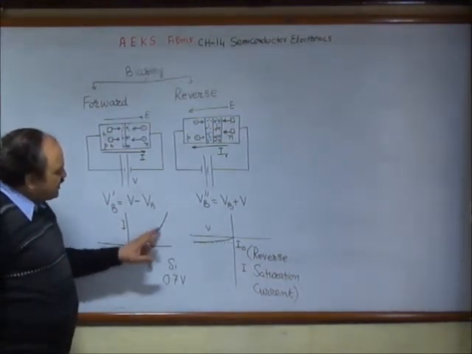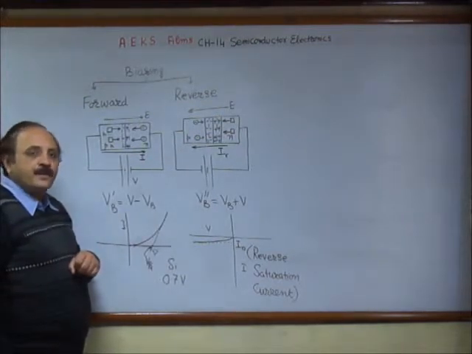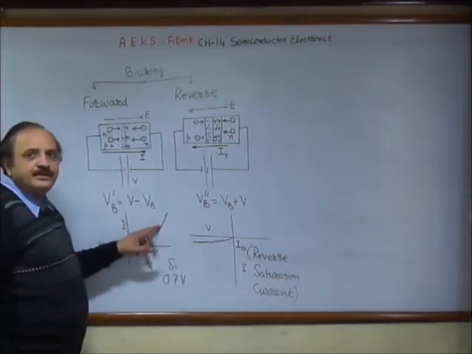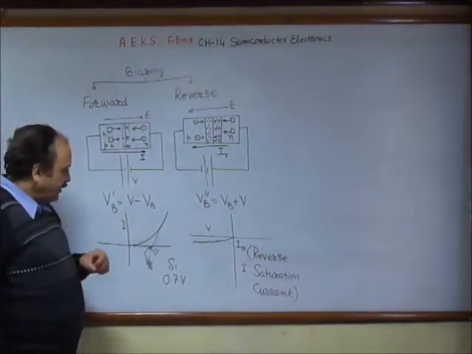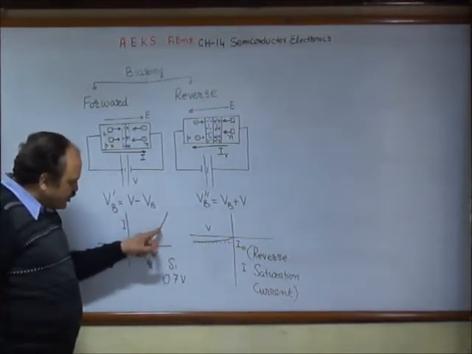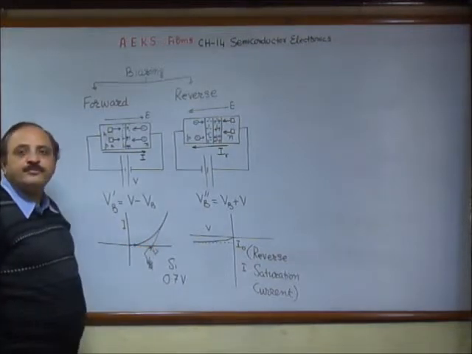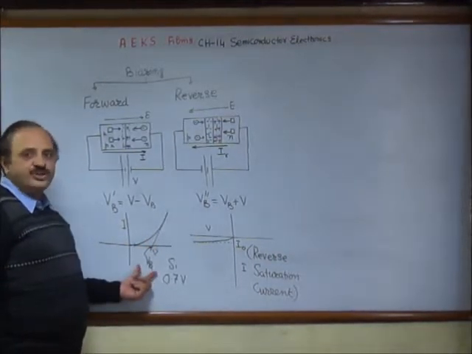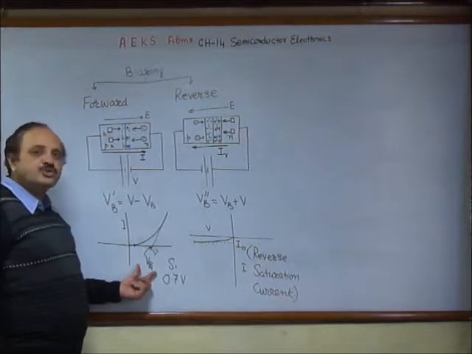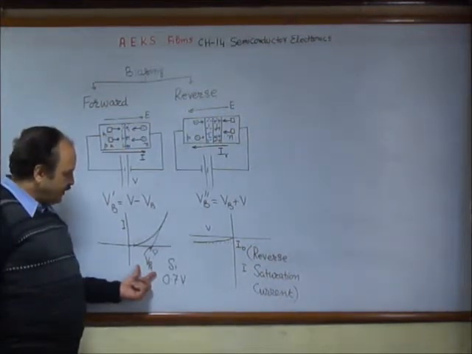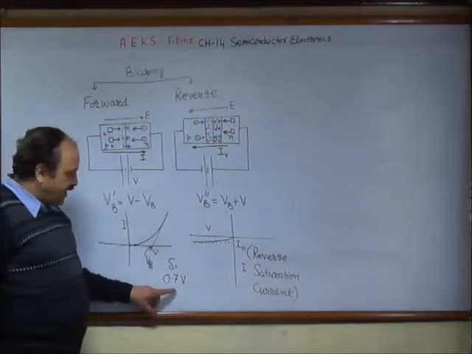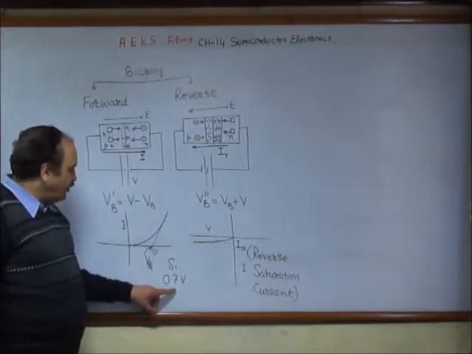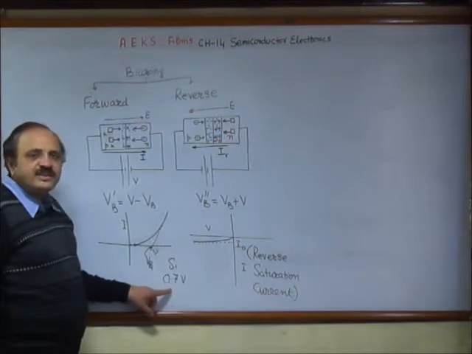The current increases with the voltage, initially in a non-linear manner, and soon it takes the linear variation. It appears as if this linear portion starts from a voltage which is known as a knee voltage, or sometimes is called the saturation voltage. This voltage is of the order of, say, fraction of a volt, 0.7 volts in case of silicon.